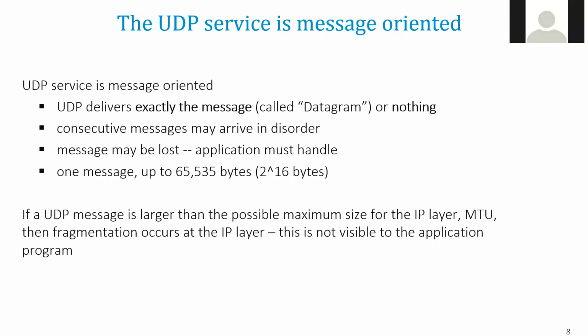I have a question. If there is fragmentation, it's not important if the messages don't arrive in the right order then? Sorry, say that again. If there is fragmentation, yes, the different pieces may not arrive at the end in the right order. It's correct. And this is up to the IP layer to handle, so this is transparent to UDP.